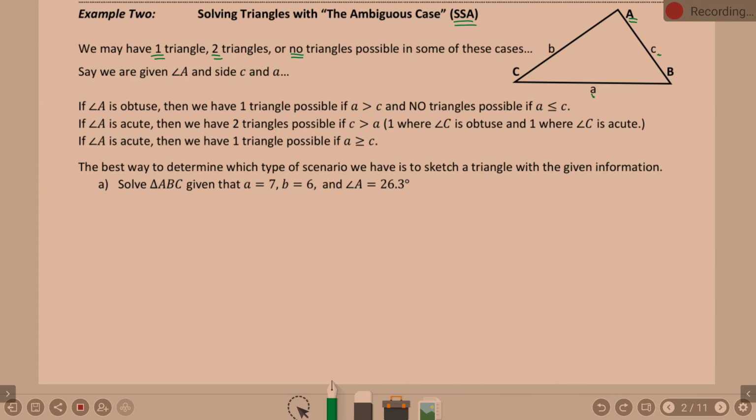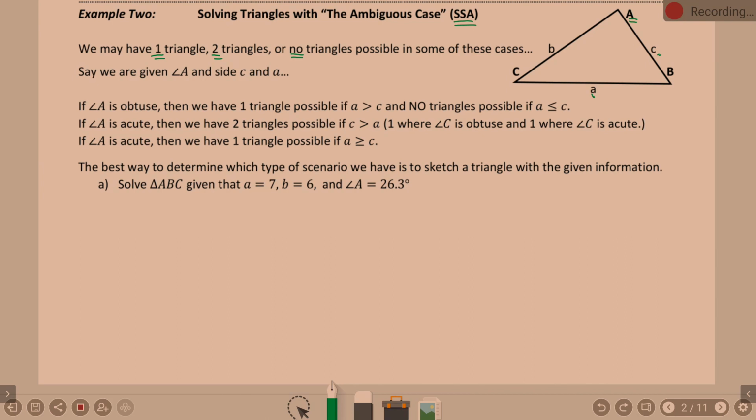So that's one scenario we'll deal with. If A is instead acute, so now just a traditional acute triangle, then there are two possible triangles if C is bigger than A. So if the adjacent side is bigger than the side across from it. One situation where angle C is obtuse, and one situation where C is acute.